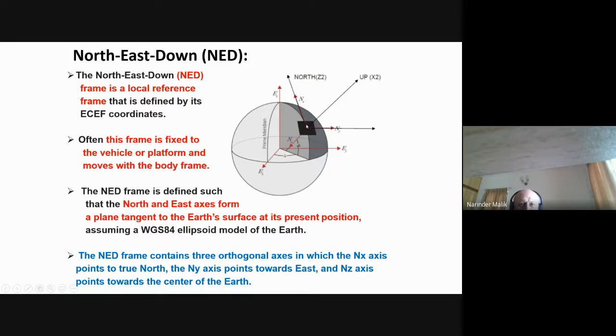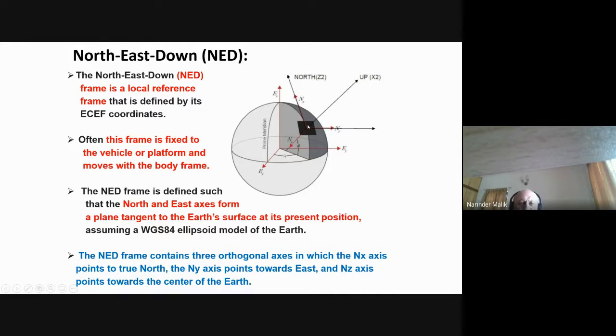Other is lying and pointing towards the north direction of the Earth. Third forms a right-hand system. That's a northeast down. Northeast up is same, except this axis pointing down, that axis points up. So that is the only difference.